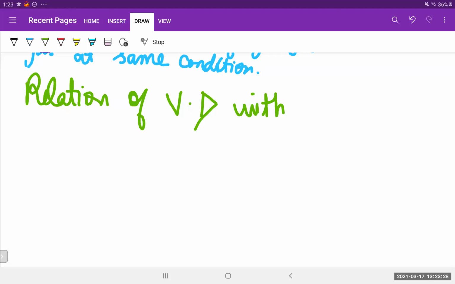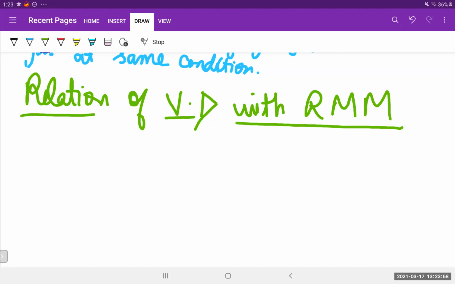And there is one more thing, that is relative atomic mass. That is something different. That is the mass of one atom of element divided by 1/12 mass of carbon C12 atom. But that's not in your syllabus. So for now, just do the relation of vapor density with RMM, that is relative molecular mass. Write the full form if you want.